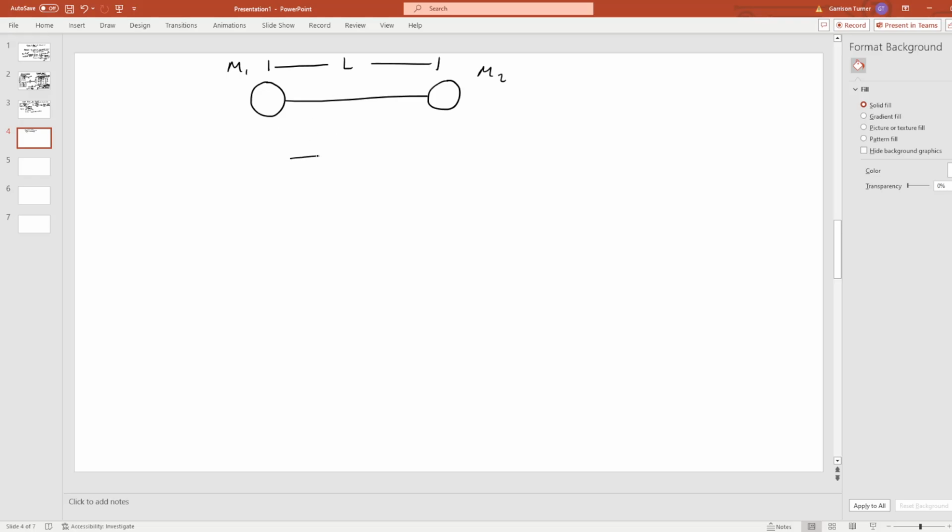So we'll put our coordinate system right here. And right in the middle of the dumbbell, that's where we're going to put our origin.